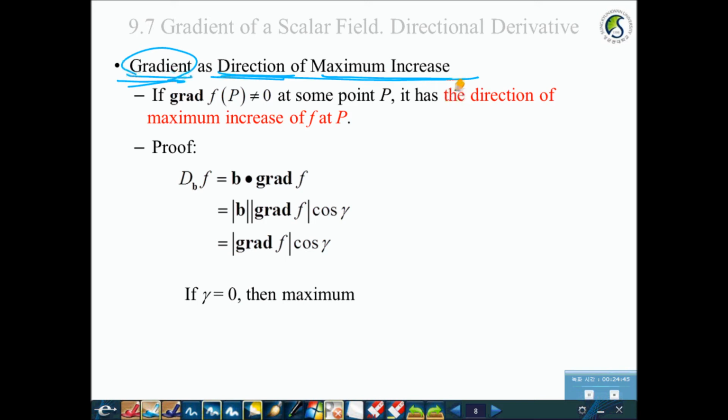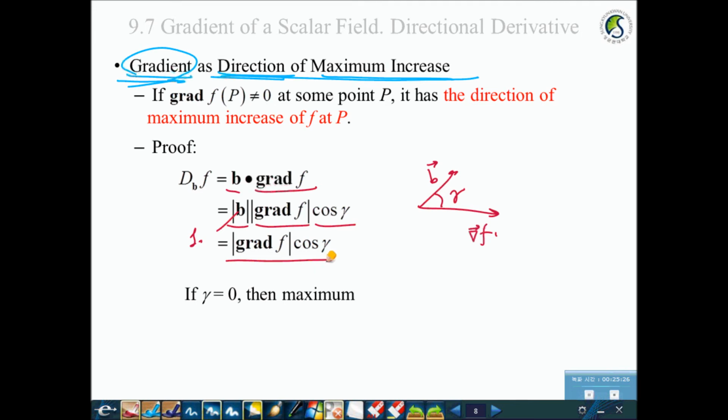All right, the proof is very simple. B is a unit vector, and dot product with gradient f, so you get the length of each vector times cosine gamma, where gamma is the angle between the two vectors. Since the length of B is 1, it's a unit vector, so it's the length of the gradient vector times cosine gamma.